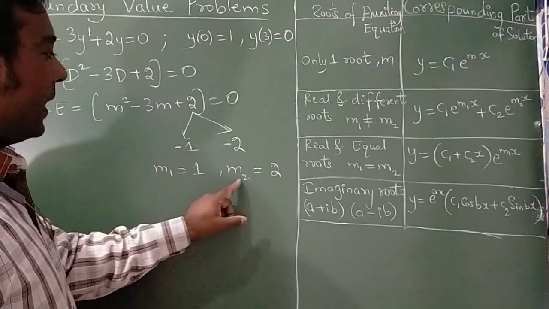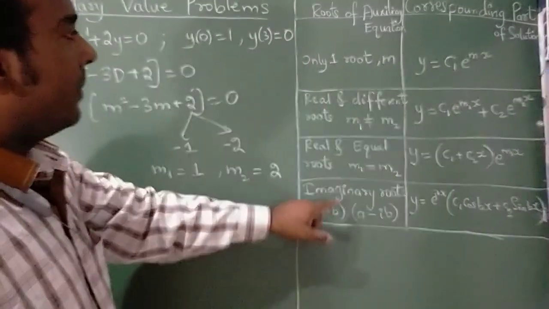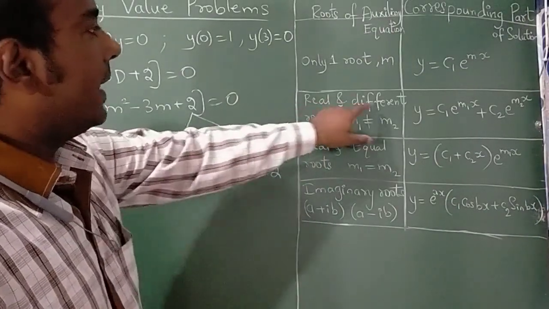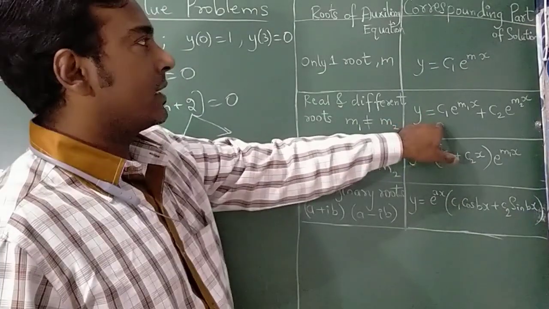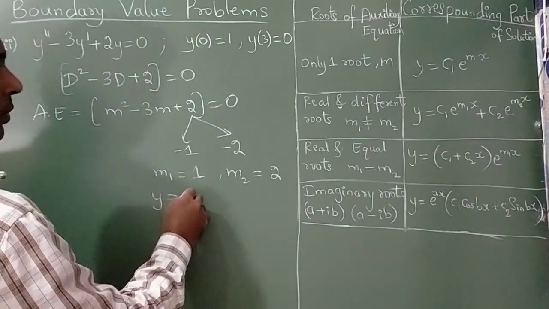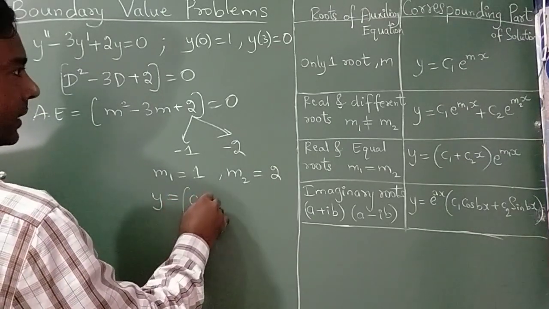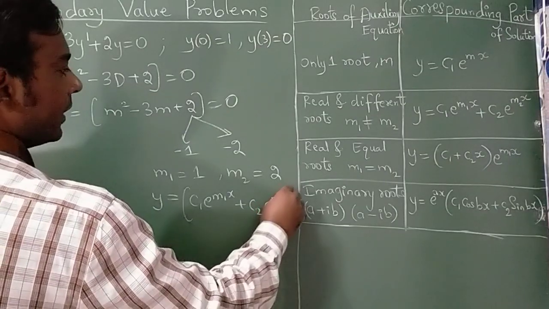Fine. Now m1 and m2, there are two roots, but they are different. So in this table, you can see real and different roots, m1 is not equal to m2. Then I must use this as a solution. So I'll write here y is equal to c1 e raised to m1x plus c2 e raised to m2x.